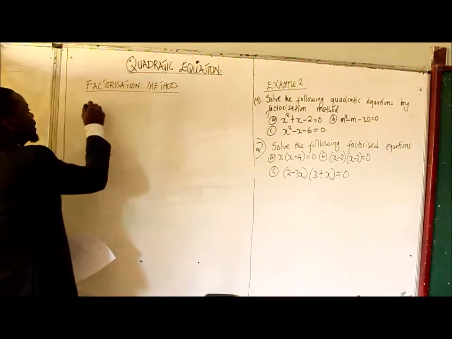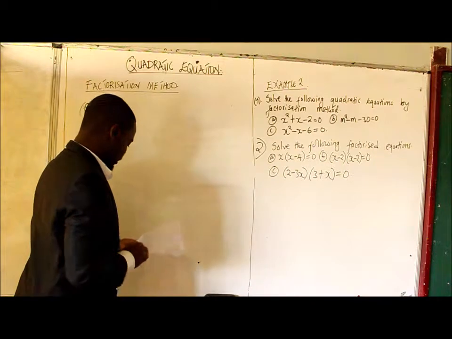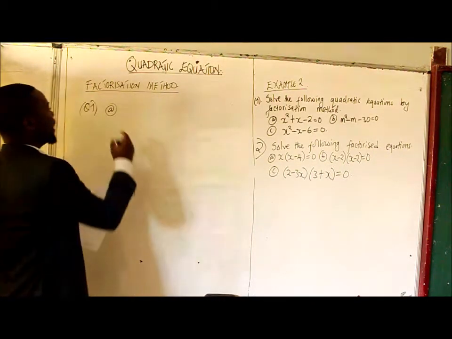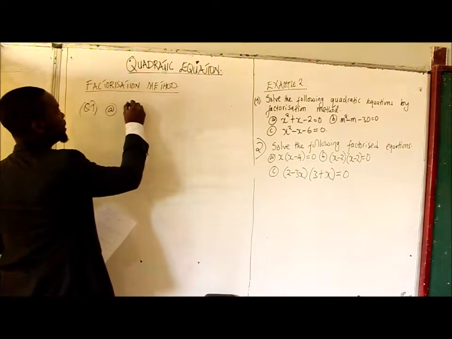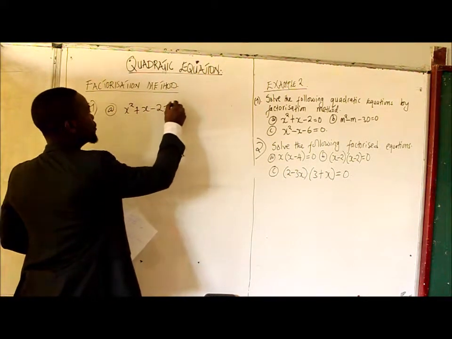So this is question 1a: x squared plus x minus 2 is equal to 0.